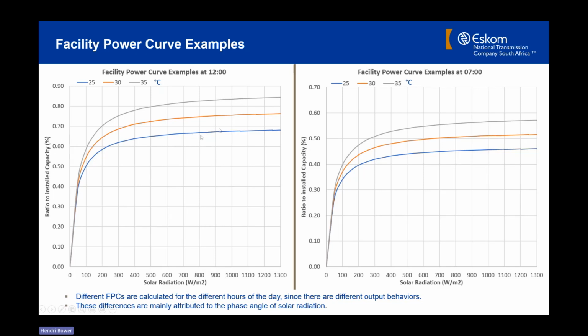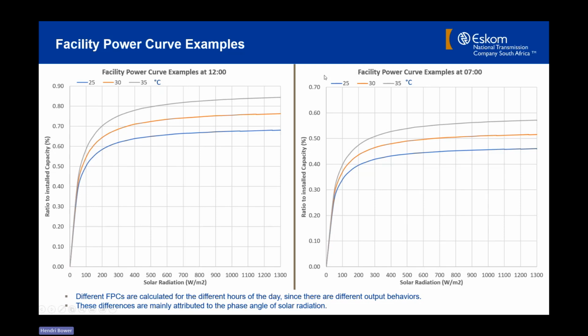For 25 degrees, you will notice that your output is a little bit less than at 30 degrees, and the output is more at 35 degrees. This basically shows what your FPC is doing: for different radiation levels and different temperatures, what are the different outputs from your PV plant. You can see how it spreads out, and then at a certain stage, it starts to flatten out.